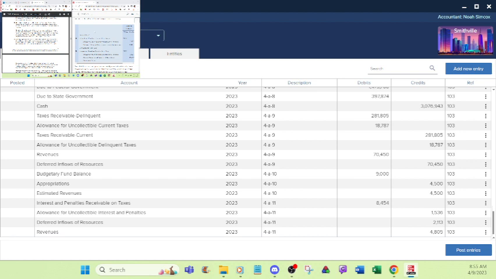Services received by the general government function of the general fund from the solid waste disposal fund amounted to $28,000 during the year. Of this amount, $25,400 was paid in cash, and the rest remained unpaid at year end. Required. So I think I actually have to go to this part of it.